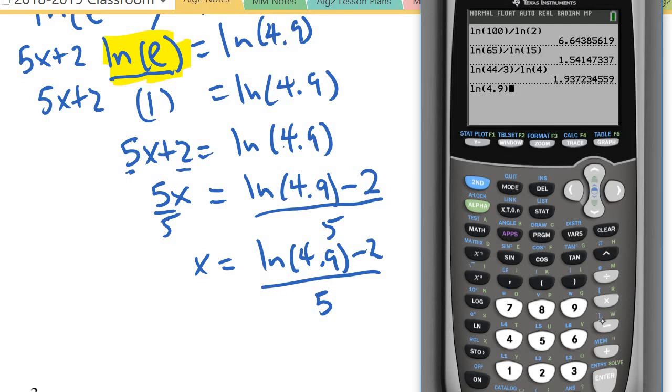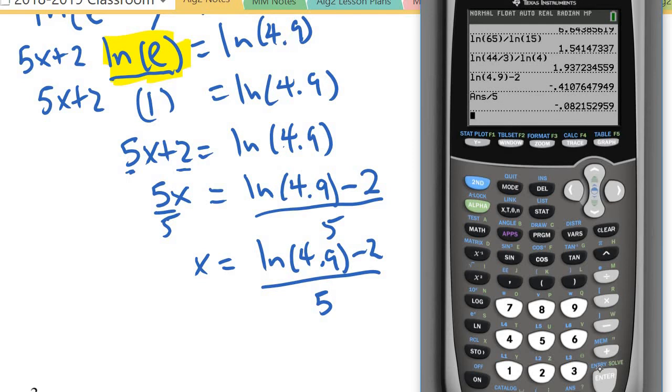It's going to do the ln first before taking 2 from it. I don't want to do divide by 5 right now because it's going to divide 2 by 5. So I better just press enter to give me the answer to that. That is the answer to ln 4.9 minus 2. Now I can divide by 5. The answer divided by 5 will give me negative 0.821.